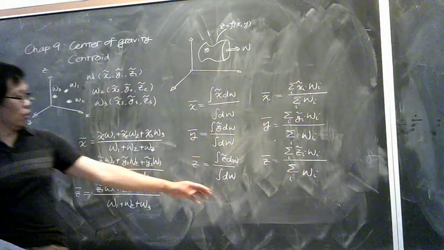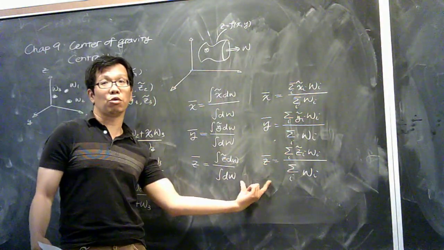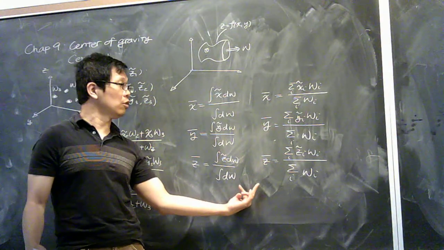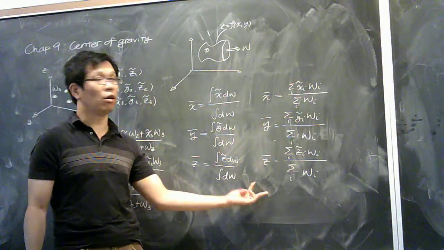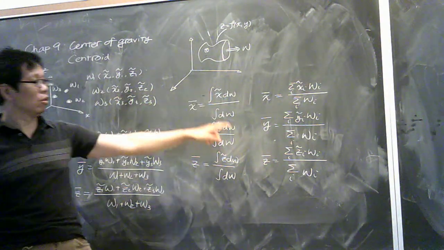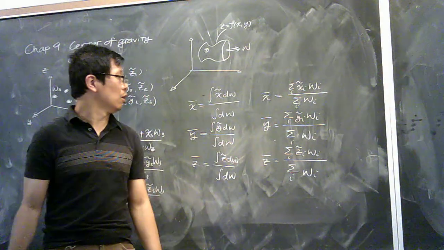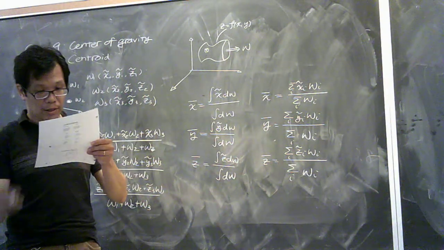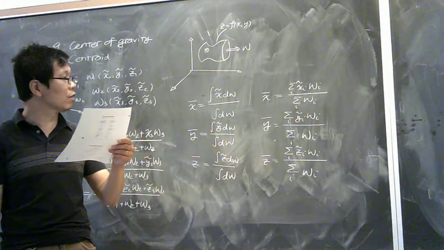You pretty much can see those two equations are identical. The only difference is the integration sign or the summation sign, but other than that, every other thing remains the same.